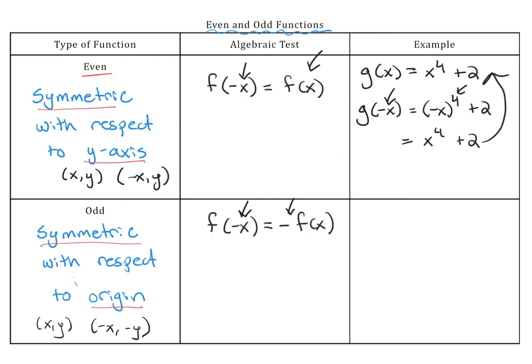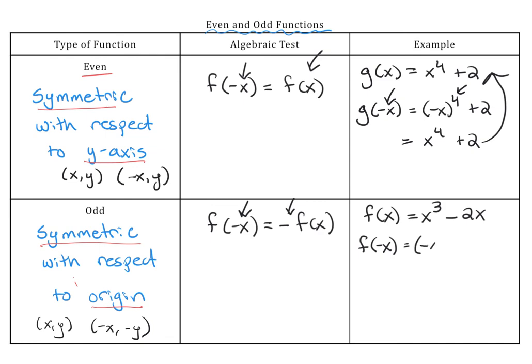Okay, so now odd, symmetric with respect to the origin. Let's look at the function f of x equals x to the third minus 2x. Let's once again plug in a negative x.